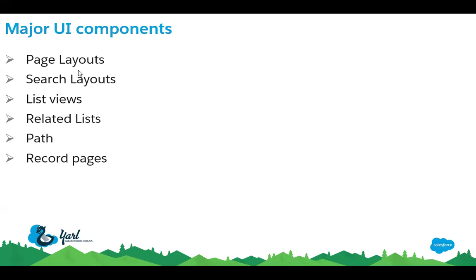So major UI components, as we discussed in the last session, first thing first, we should try to utilize the out of the box features where you can achieve things using point and clicks simply by doing configurations.